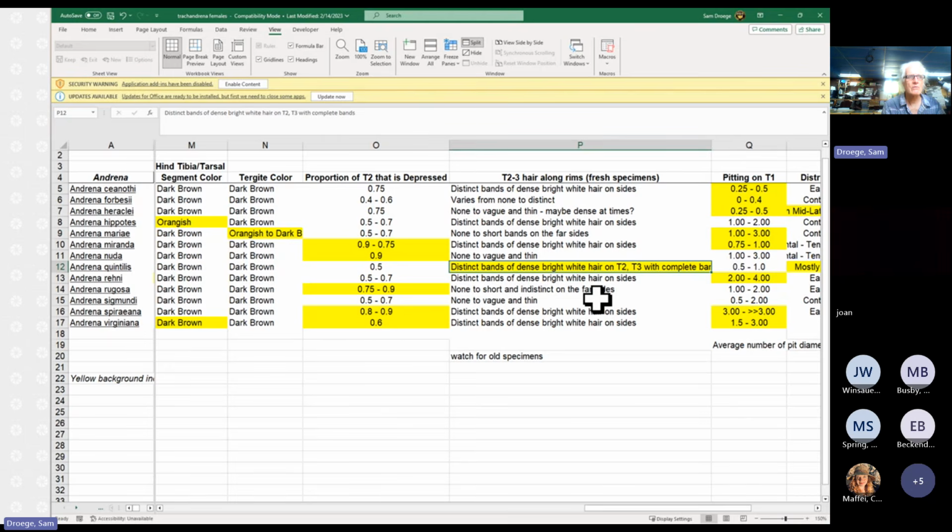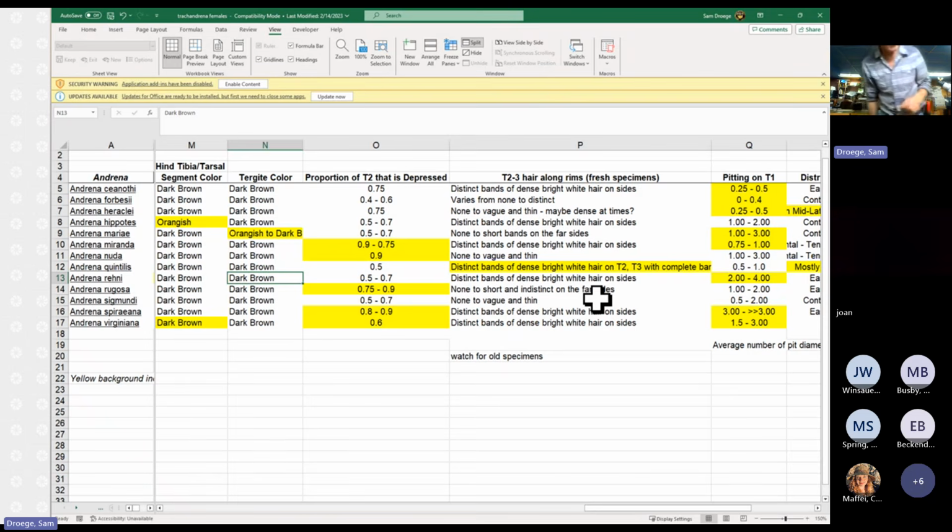Okay, so we're done with quintilis. Now we get to Rennie. So did I pull the specimen? I think I did. Rennie is interesting because it is a Castanea specialist.